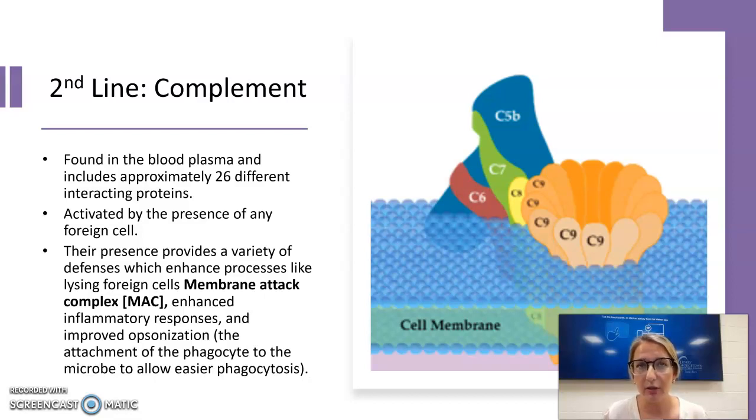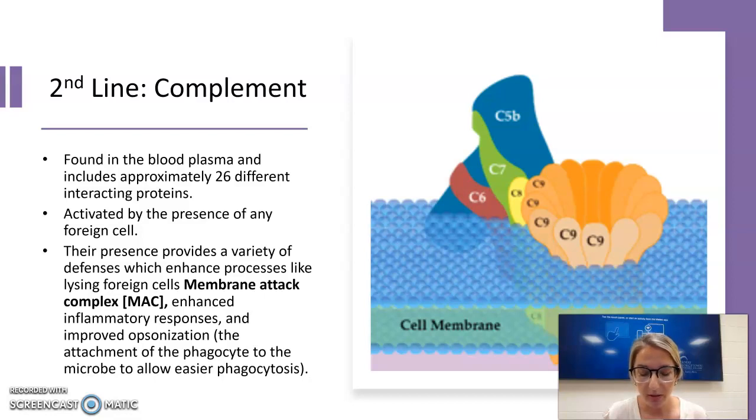Certainly a phagocytic cell would know if a foreign pathogen was present because it would see that little PAMP marker on it, that pathogen-associated molecular pattern that we talked about earlier. That little PAMP marker acts like a little red flag that lets the phagocytic cell know that that bacteria is foreign and needs to be engulfed and destroyed.